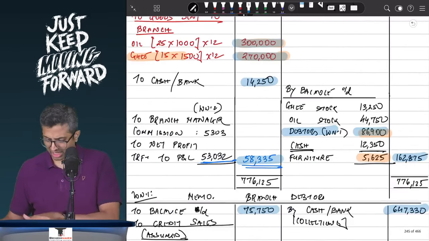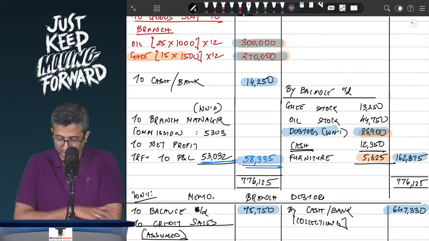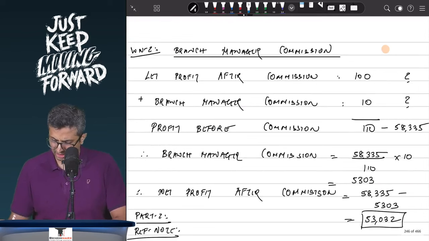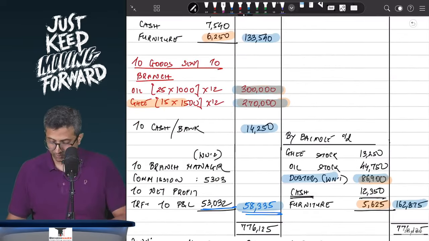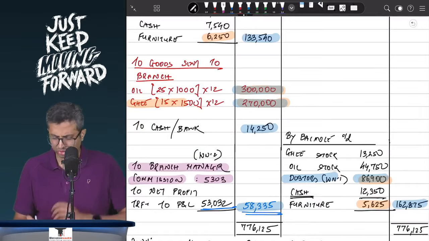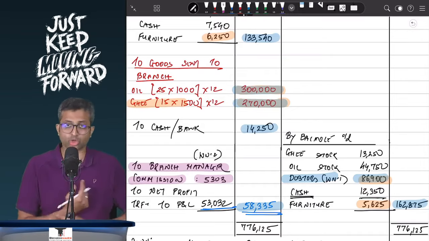So, 58,335 divided by 110 into 10 comes to 5303. This will be your commission. As we have seen the working over here, we will have branch manager's commission to be 5303 and the remaining net profit being 53,032. So, to be honest, if you remove the branch manager's commission adjustment over here, this is similar to a regular branch account or branch debtors method.